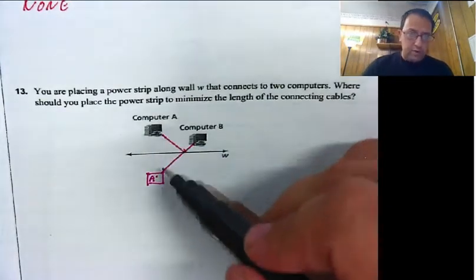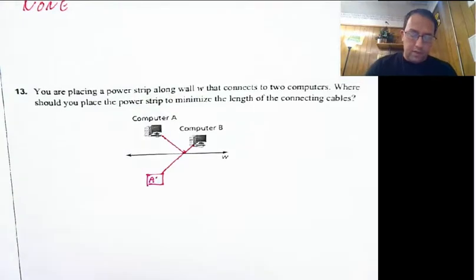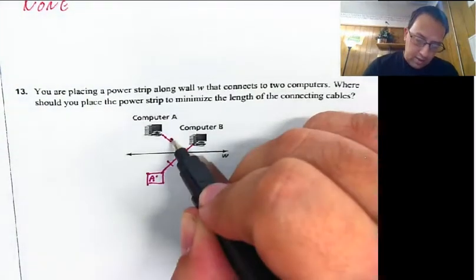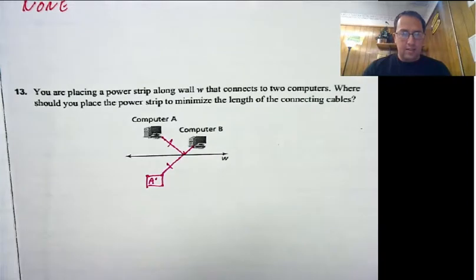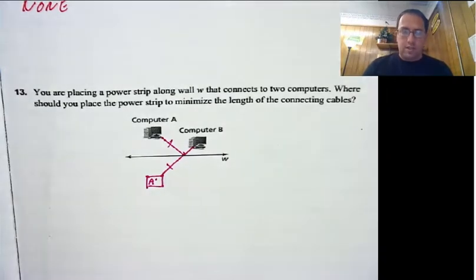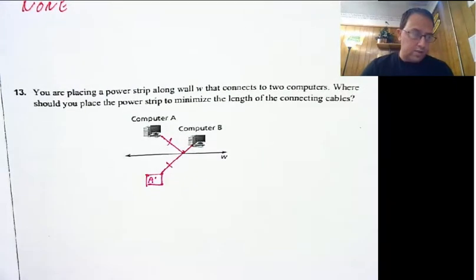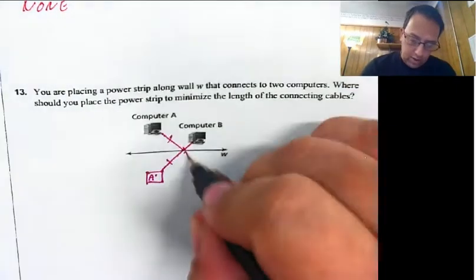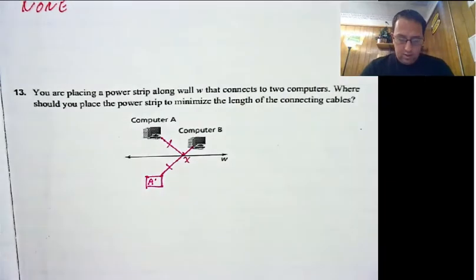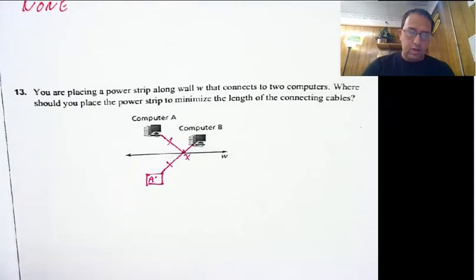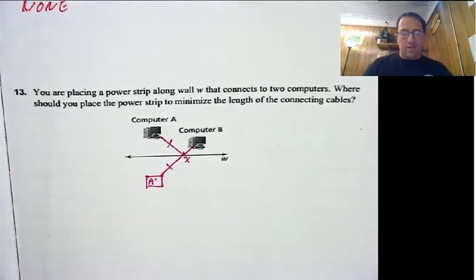Well, this is a reflection too, isn't it? And if it's a reflection, that means that this is congruent to that. And so since BA prime is the shortest distance because it's a straight line, that means going from B to this intersection point right here, we would call it X, to A is the shortest distance to get to this wall and then back to computer A. I know that one's a little bit odd, but it does work.